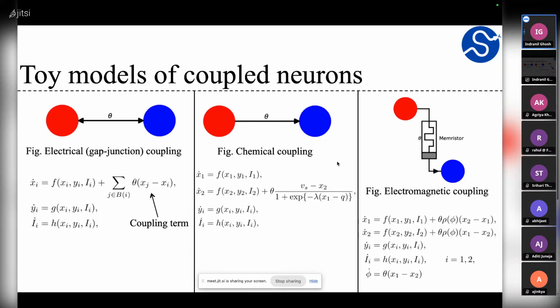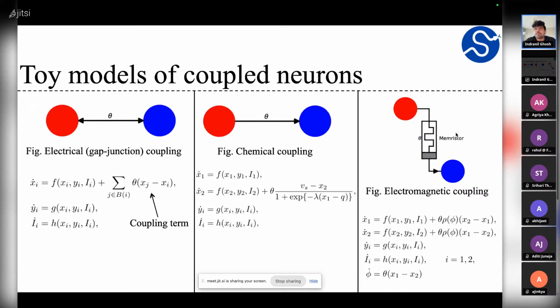and that's how mathematicians model chemical couplings. And then we move to a more hybrid electromagnetic coupling, which takes into account the electrical version and also some other kinds of non-linearities which come into effect. It can be modeled using some electrical components, for example, memristor.